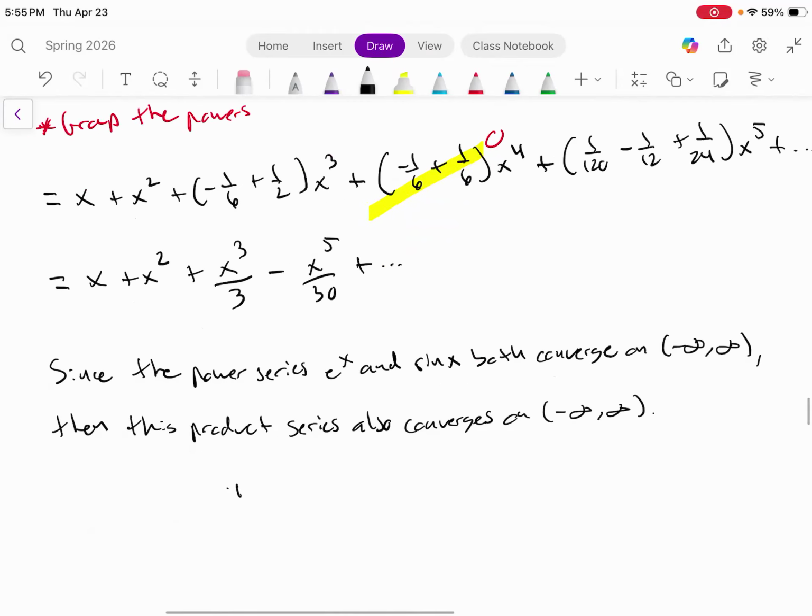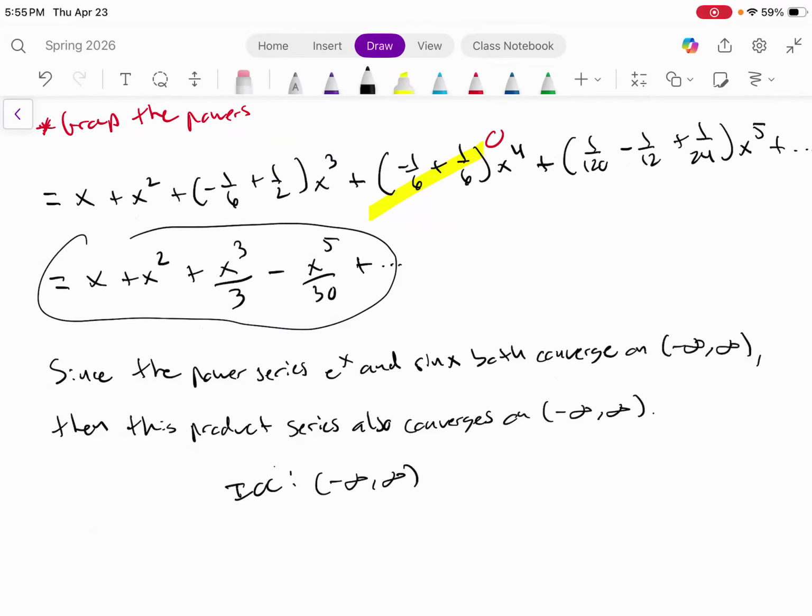So the interval of convergence is also negative infinity to infinity. Let me circle that.